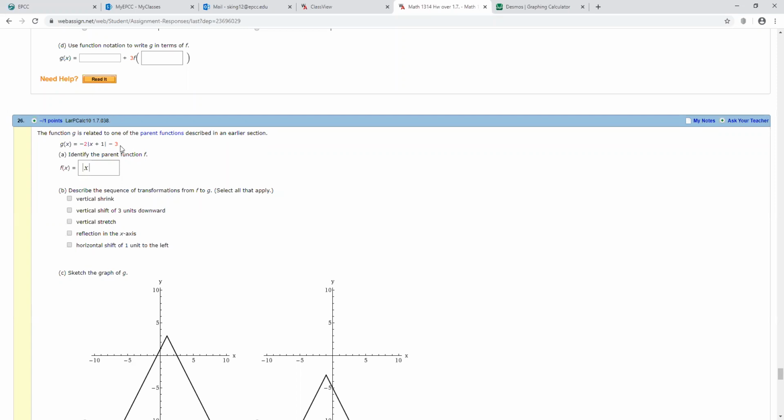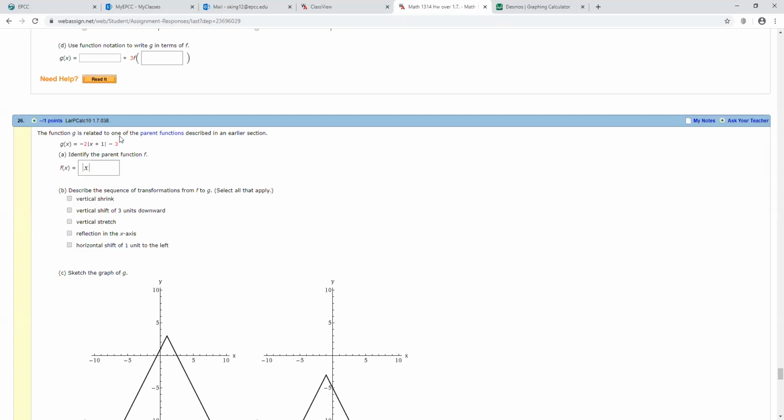And now there's one last thing, which is after you've done the inside transformation, horizontal shift to the opposite of +1, left 1, the multiply 2, the vertical dilation, the vertical stretch from the x-axis, the multiply -1, reflect over the x-axis. Now, if there's anything left, it can only be addition or subtraction outside the function.